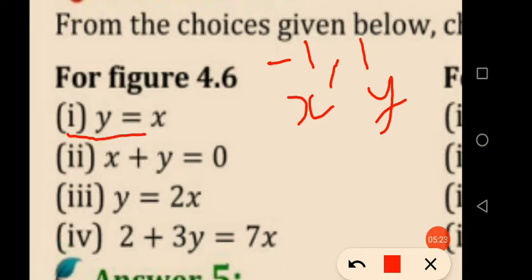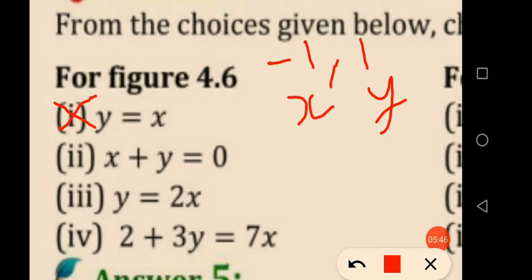So if we put the value here, what we get is 1 is equal to minus 1. Is it true? No, it is not true, which means this equation is not our answer. This is not the equation of the given graph.